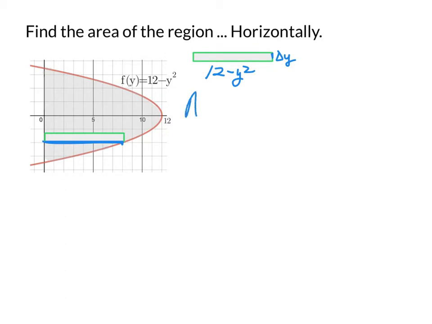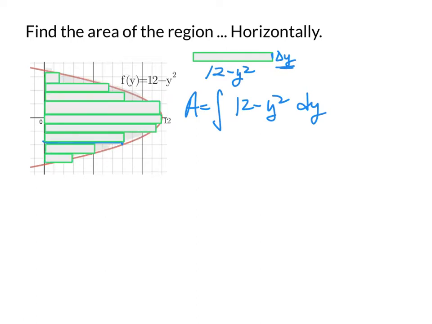We can just jump right into creating our integral, which would be 12 minus y squared, and now, instead of dx, it's going to be dy. The next thing is to find out where our limits of integration are going to be. Now remember, we're looking at this region horizontally, which means we're stacking a bunch of horizontal rectangles like this, which means our interval is actually going from here to here, those two y-intercepts.